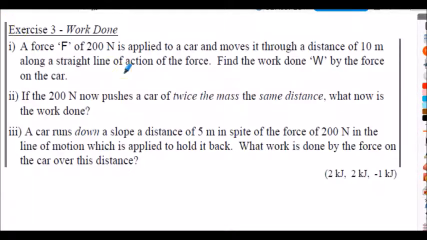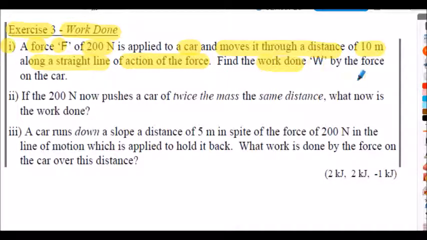Again, just to recap here in exercise 3 on work done. In the first part of the exercise, a force F of 200 newtons is applied to a car, and the car moves through a distance of 10 meters along a straight line in the direction of the force. We've got to calculate the work done by the force on the car. In part 2, if the 200 Newton force now pushes a car of twice the mass over the same distance, what's the work done?